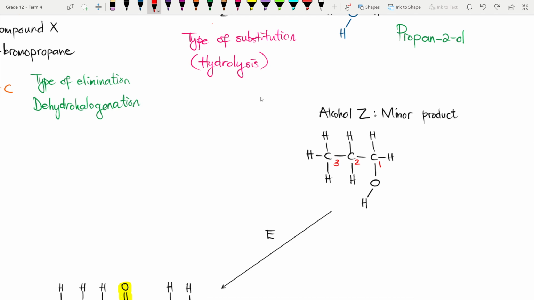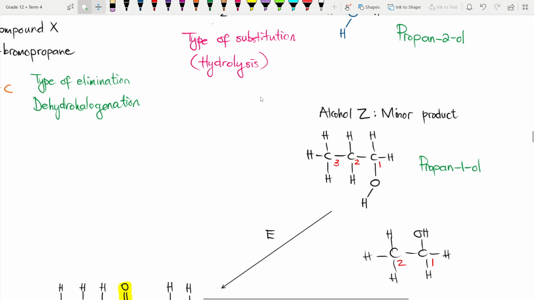Then this becomes propan-1-ol. And we have to specify because there's a possibility of this being propan-2-ol. That's the only reason why we specify. If it was ethanol, which has two carbons, then we don't have to specify because the OH can move, but the name cannot change. We're just going to change where we start to number. This is 1, this is 2.